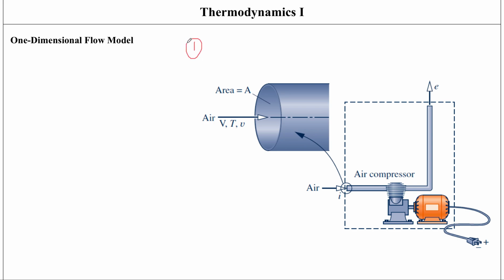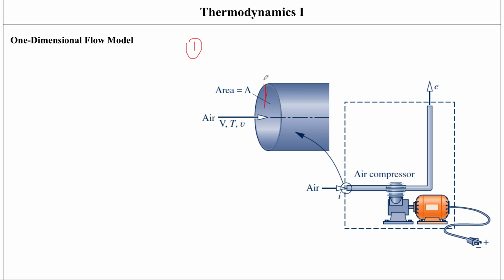The first condition is that the flow is basically normal to the boundary at the location where mass enters or exits the control volume. So because the mass is entering the control volume here, it has to be perpendicular to the cross section here. So this is the cross section.